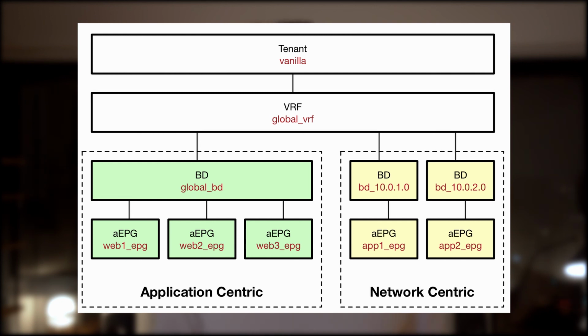So usually this bridge domain represents the VLAN in your old network. And this is what we call the network-centric approach. Cisco does not encourage us to use this terminology anymore, but people stick to it, people keep using. So if you hear network-centric versus application-centric, at least you know what is the difference.